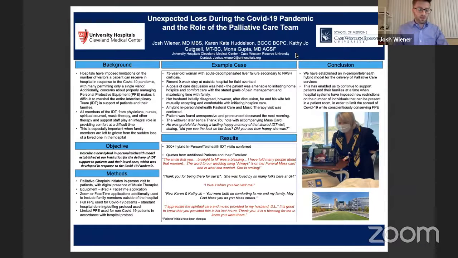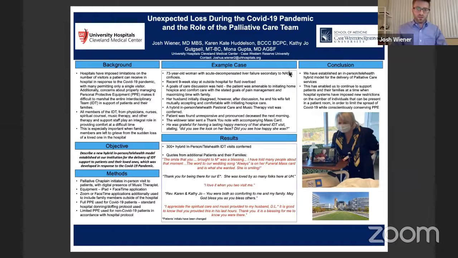A lot of this is related to limiting healthcare worker exposure while also conscientiously conserving PPE. So this necessitates the development of creative solutions to meet the needs of our patients without sacrificing any care. Working with terminally ill patients, the Department of Palliative Medicine at UHCMC has instituted a hybrid in-person telehealth model.